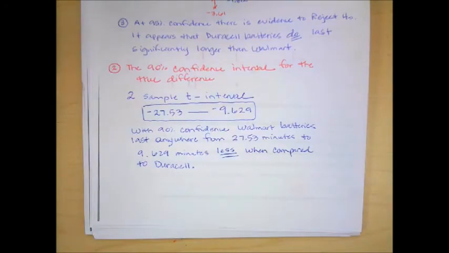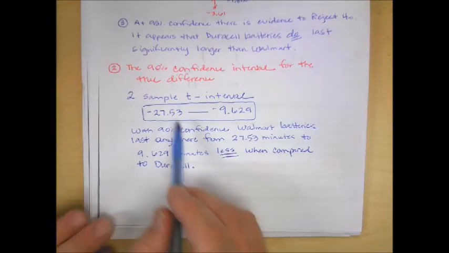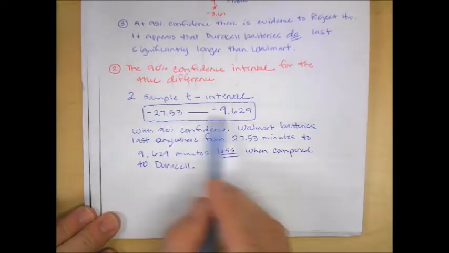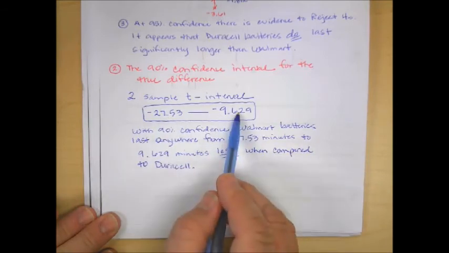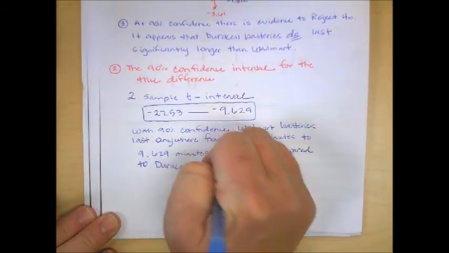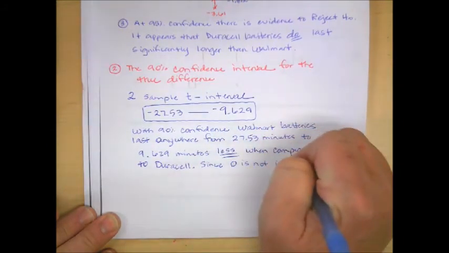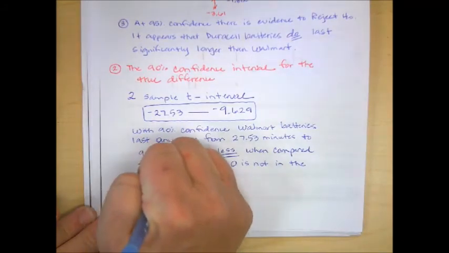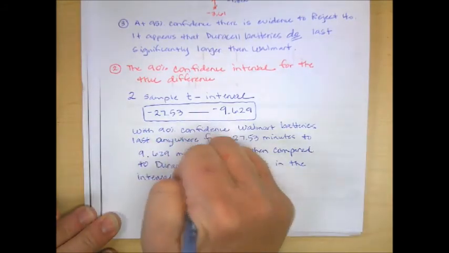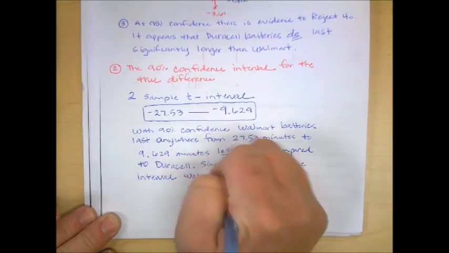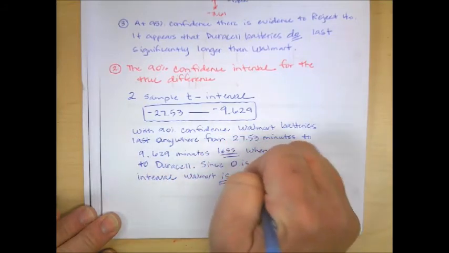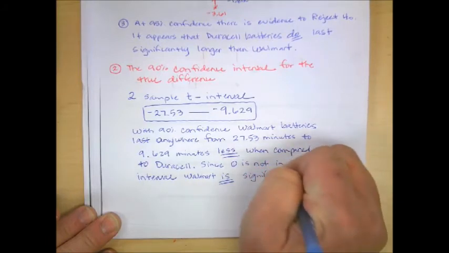Now, the presence of 0 in the interval means something, and the lack of a presence of 0 means something. So 0 does not appear in this interval. Both sides are negative. Since 0 is not in the interval, Walmart is significantly less.